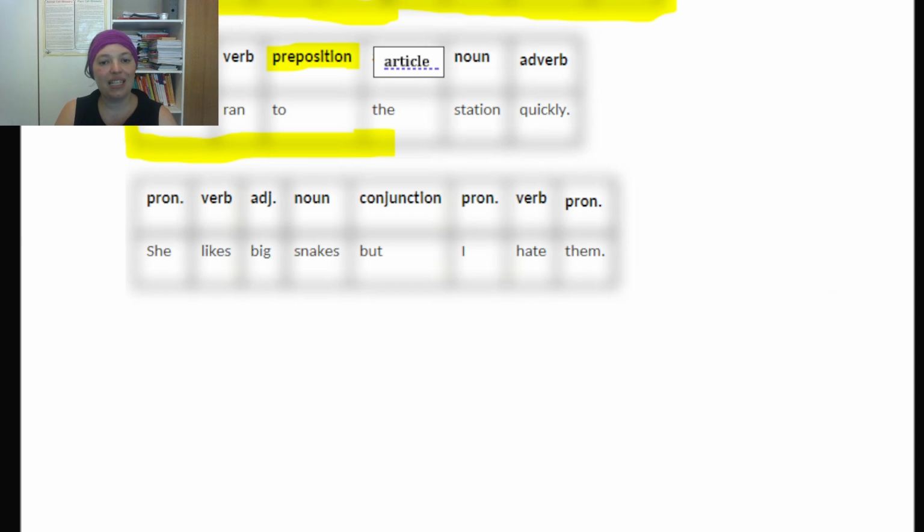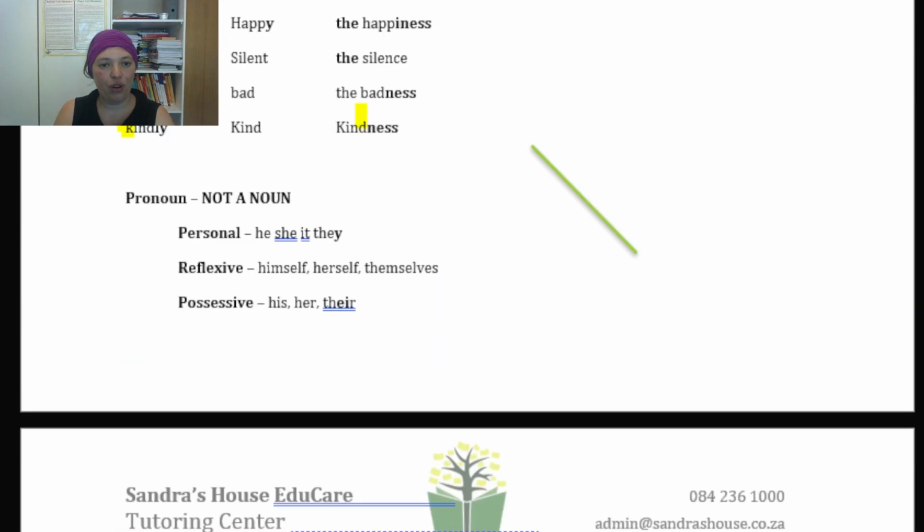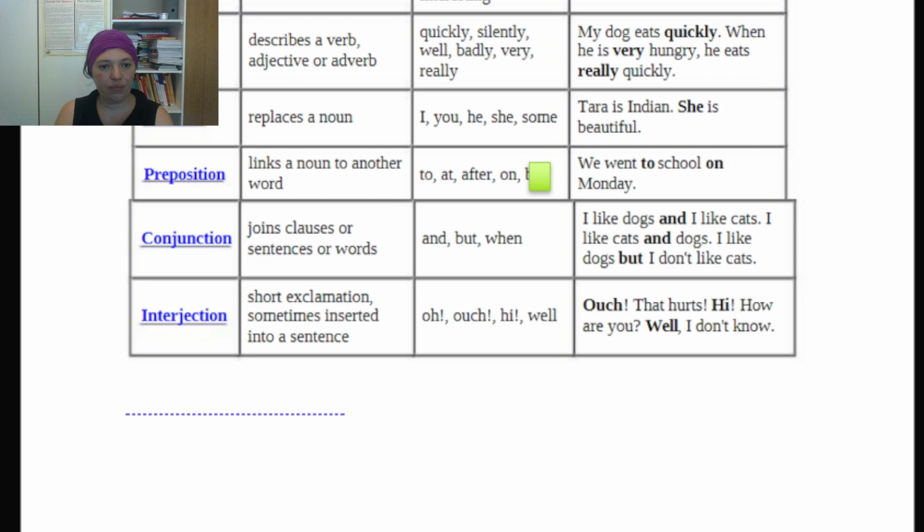So a preposition are all those little small tiny words. So if we look here, a preposition links nouns together. So some of them, think about the word position. I'm sure somewhere in school you saw a picture of a box and a cat. And then the cat sits in front of the box and behind the box and next to the box.